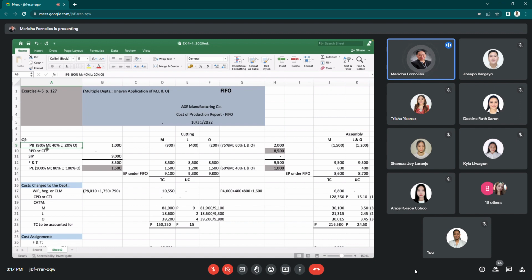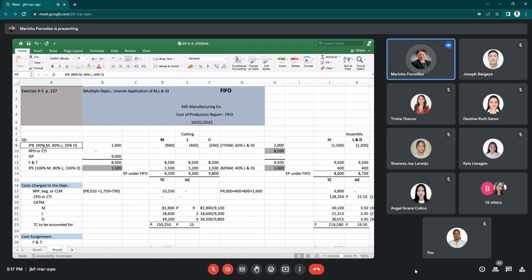This parenthetical notation will serve as your clue as to how many columns you are going to provide in computing the equivalent production.